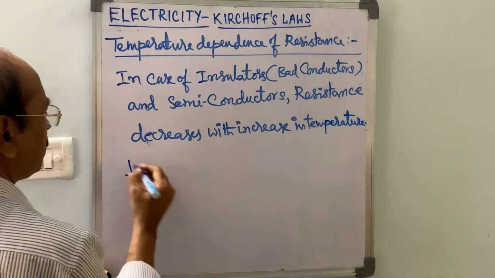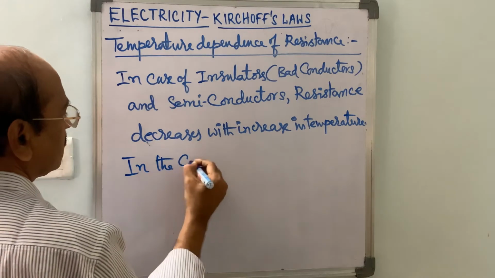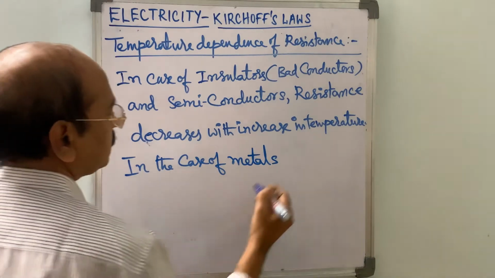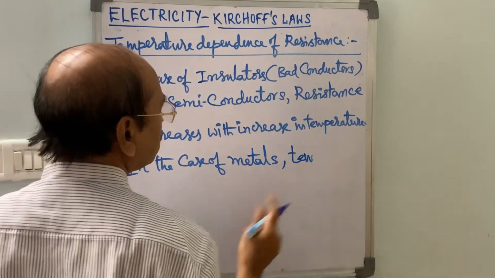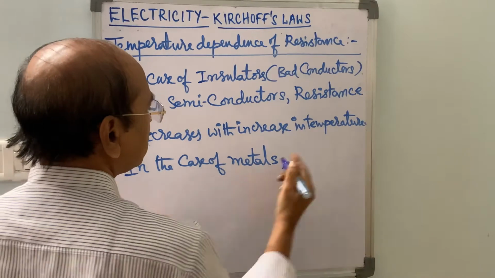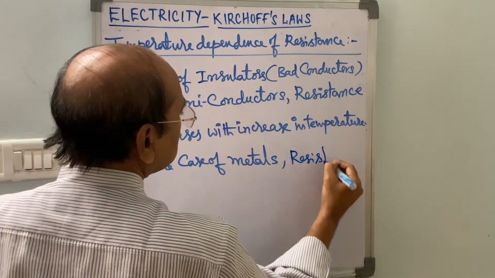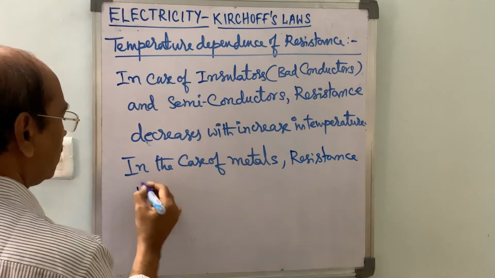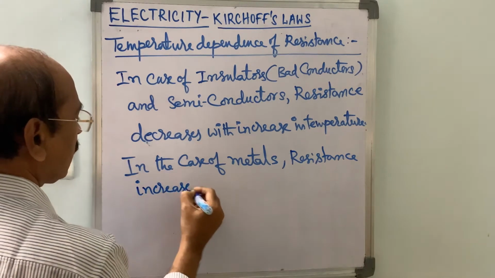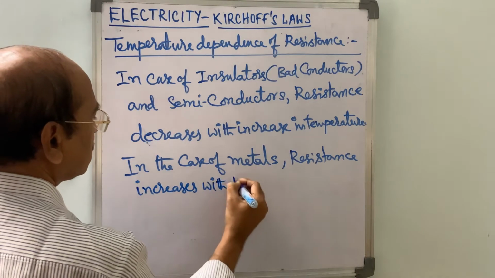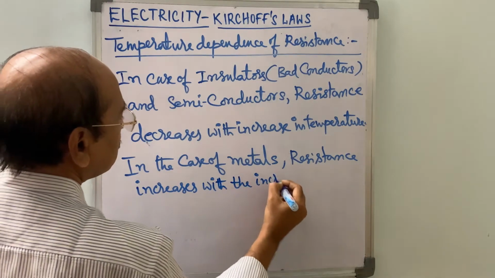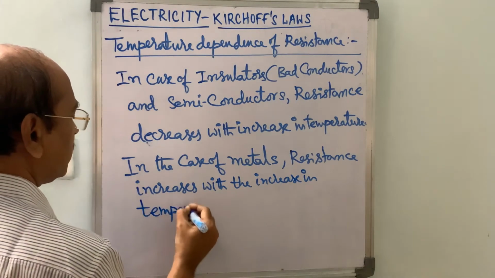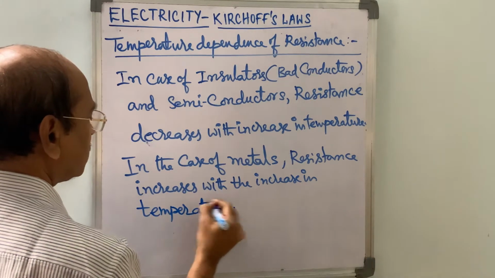Whereas in the case of metals, with the increase in temperature, resistance increases. Resistance of metals increases with the rise in temperature. This is known as temperature dependence of resistance.